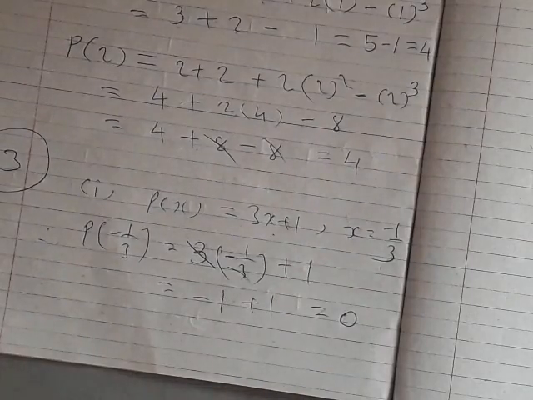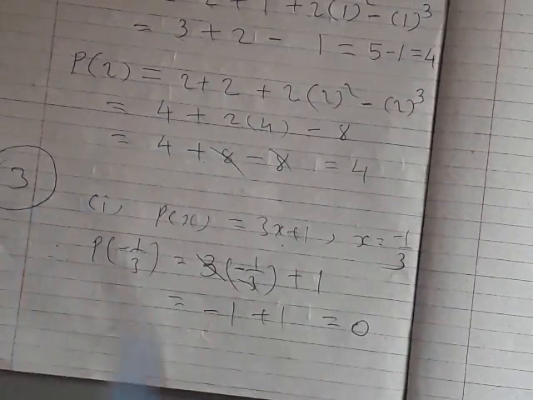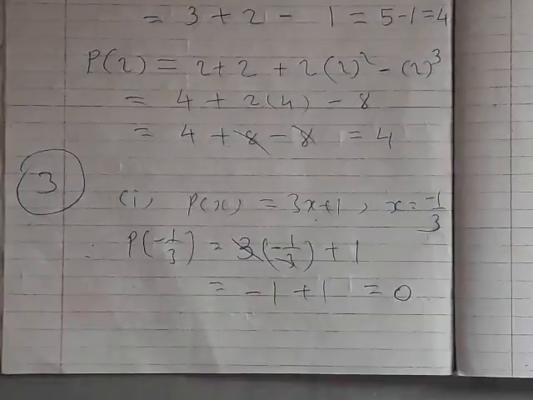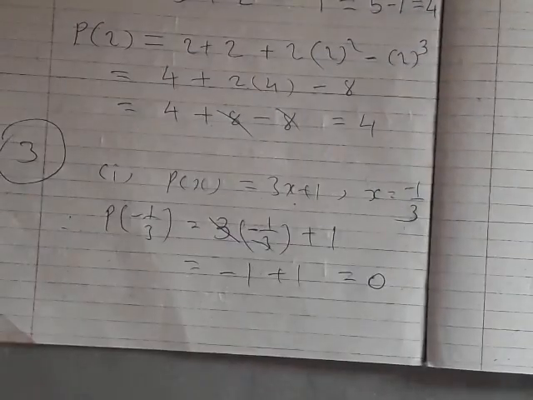Okay, that is the meaning of zero. What it means graphically, we will understand in some lectures also, but for this lecture it is enough. We will continue further questions in the next video.